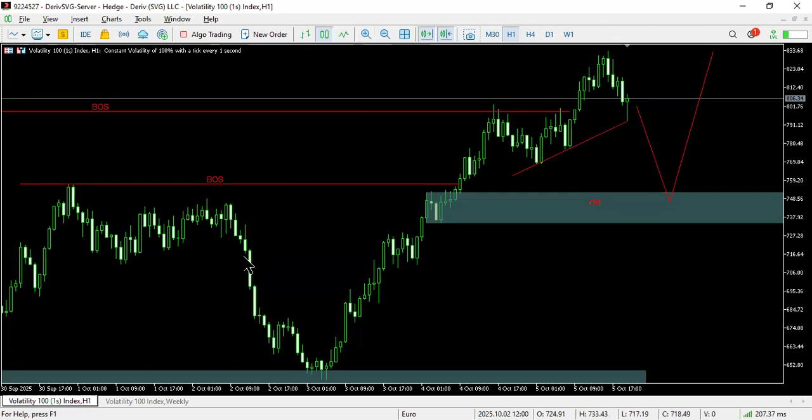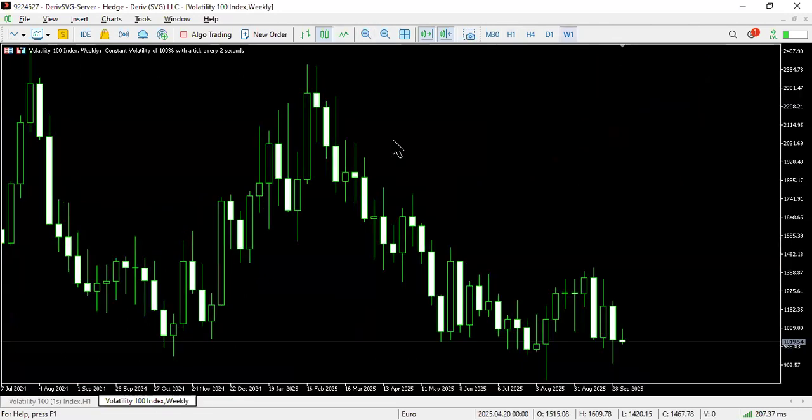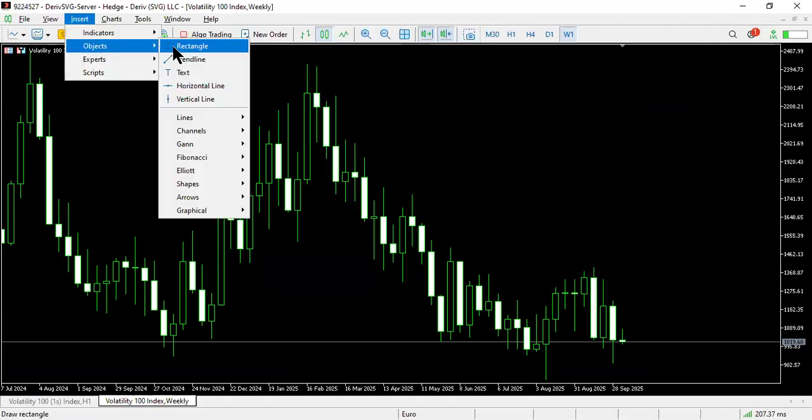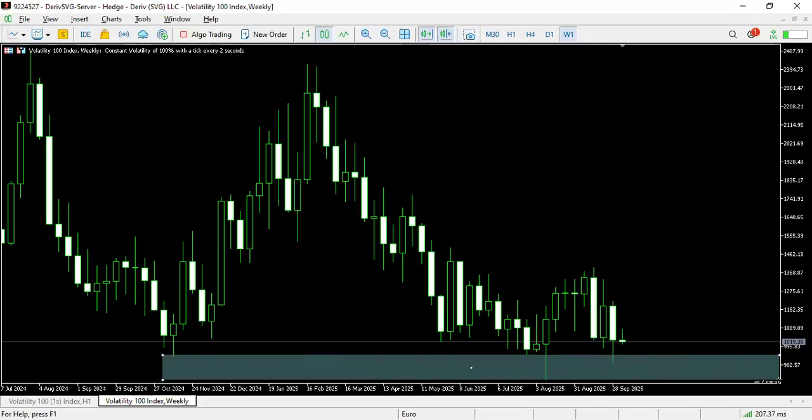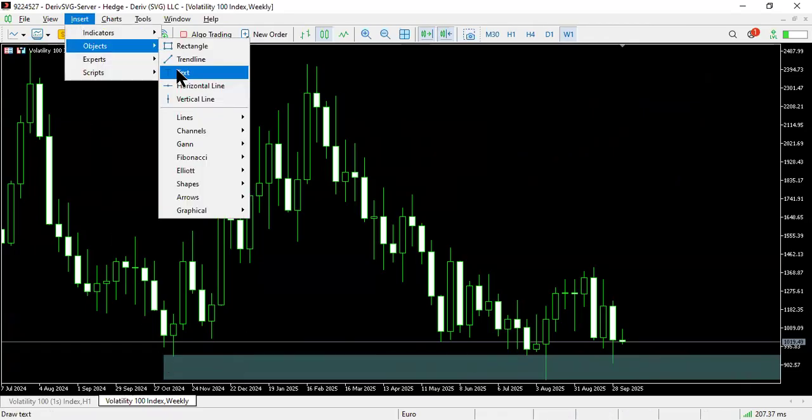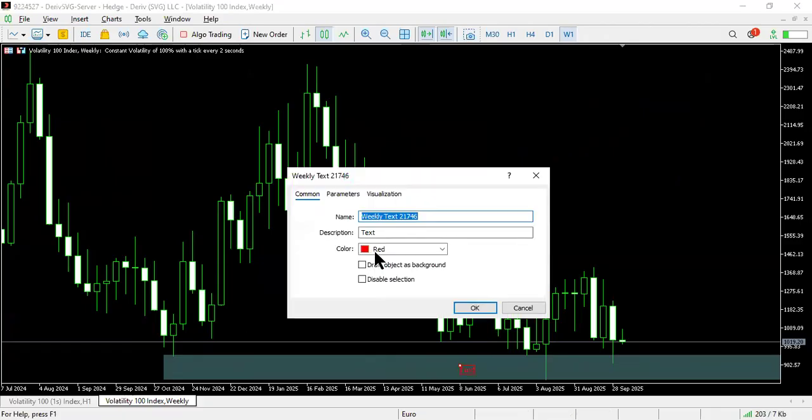That's it. And then if you go to VIX 100 from the weekly time frame, you can see that for the past weeks we've been very bearish. However, price has just stepped into this demand zone. Price is at that demand zone.